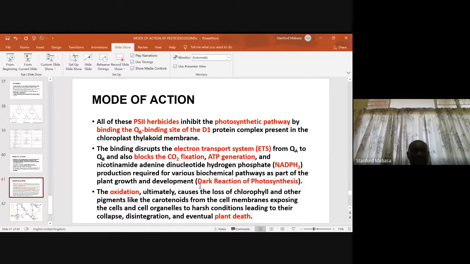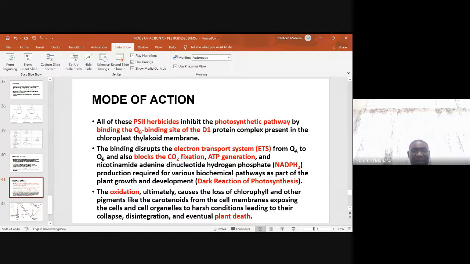And this oxidation can also affect the plant, leading to plant death, because atrazine will be diverting electrons from the electron transport system.